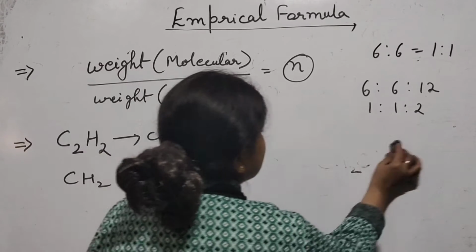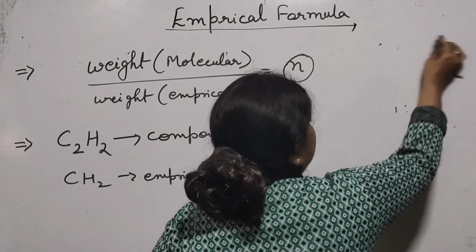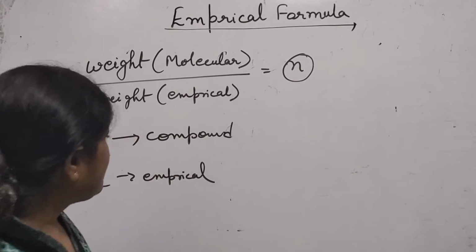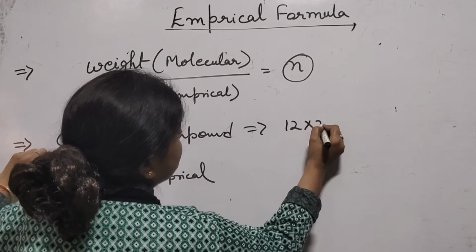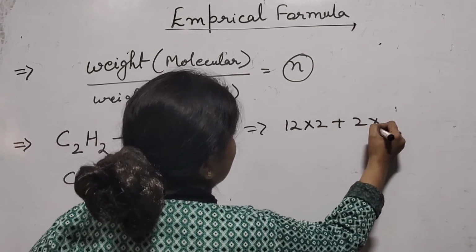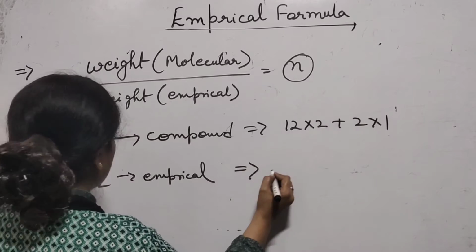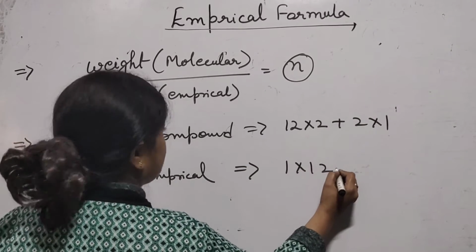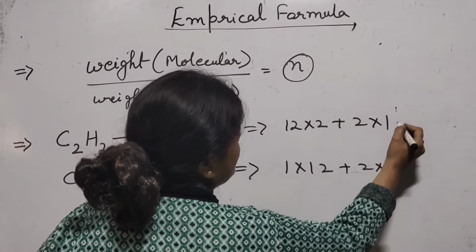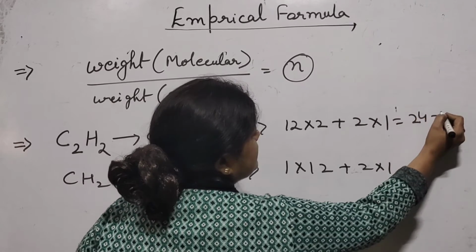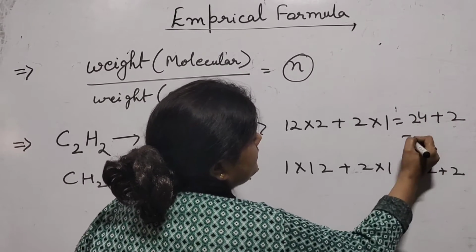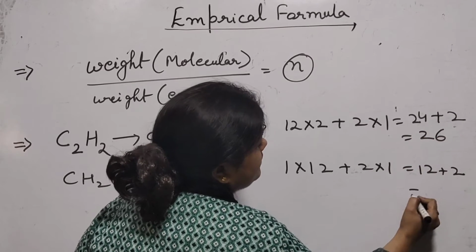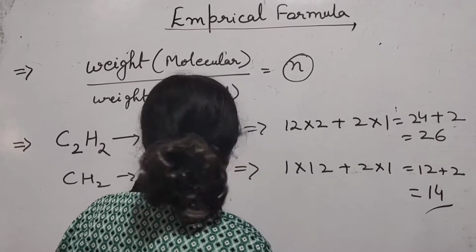Now, we separately have to find the molecular weight of both of them. Molecular weight of C2H2 is 12 into 2 plus 2 into 1, and of the empirical formula 1 into 12 plus 2 into 1. Here we have 24 plus 2, here we have 12 plus 2. It becomes 26, it becomes 14.